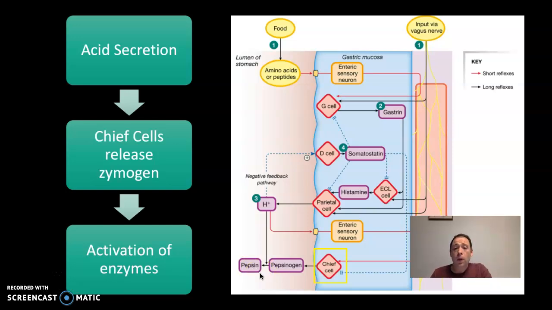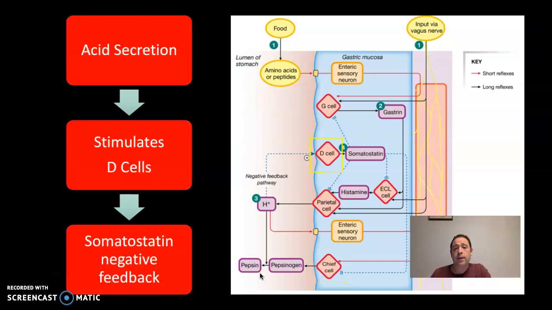Interestingly, the production of acid also acts as a negative feedback pathway, shutting down this response to food or vagal nerve input. Acid production stimulates D cells to produce somatostatin, another hormone that has the opposite effect of gastrin.